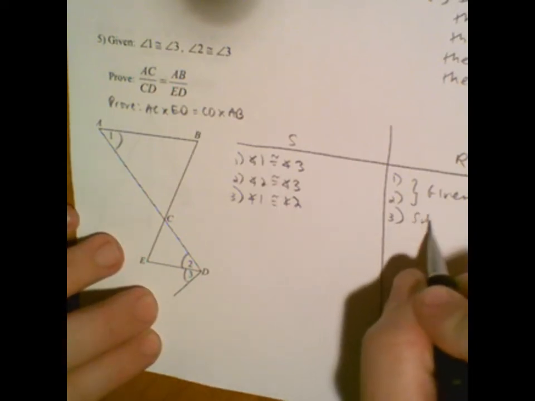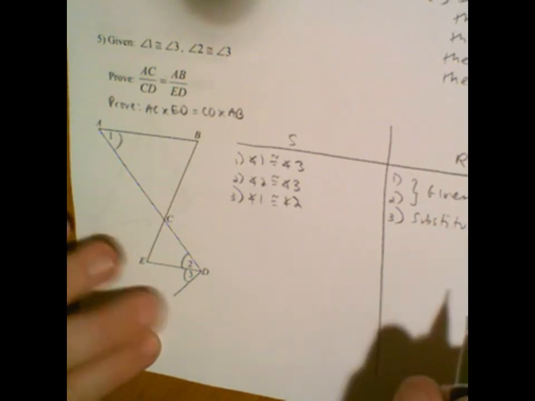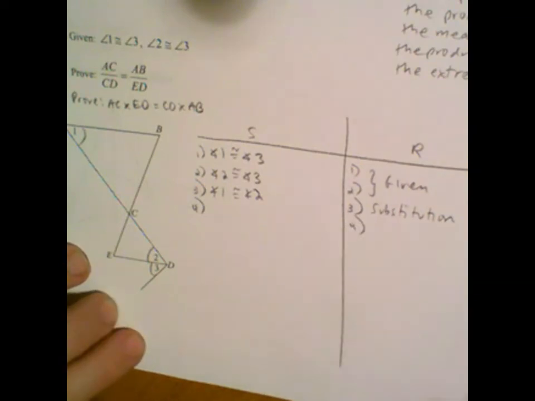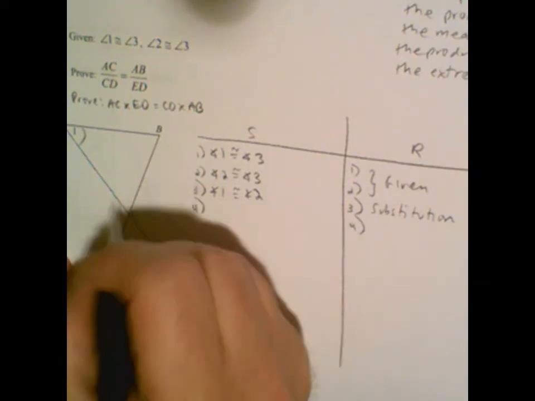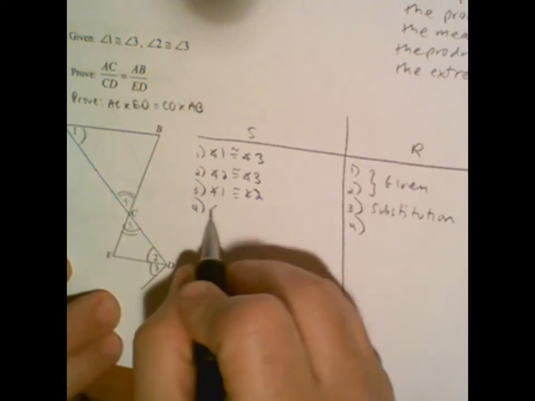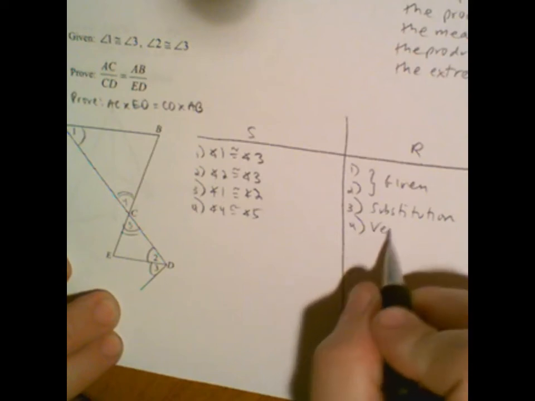So I'm going to call it substitution. Now, what else do we have? We have a freebie. We have vertical angles. Angle 4 is congruent to angle 5, because vertical angles are congruent.